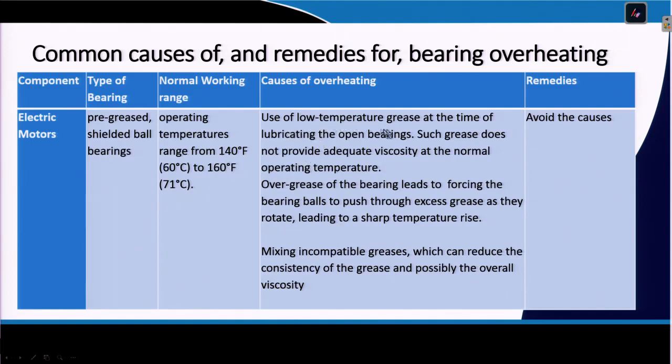Now, if you use low temperature grease at the time of lubricating an open bearing, then it may lead to overheating. The grease does not provide adequate viscosity, because the main cooling operation is being performed by the lubricants. Unless the lubricant's property matches the working condition, you may have the problem of overheating.